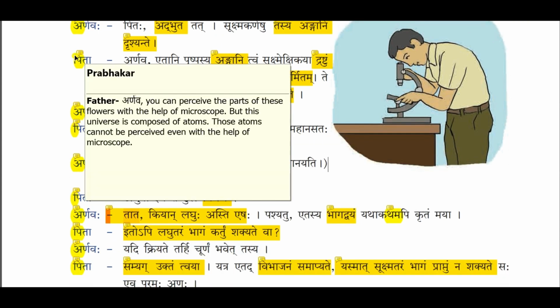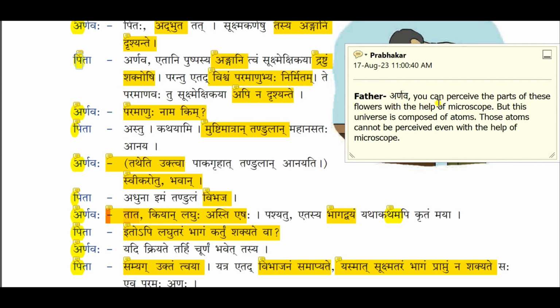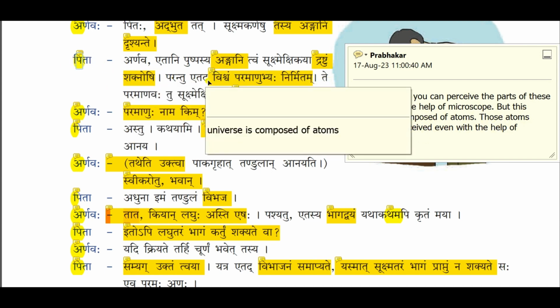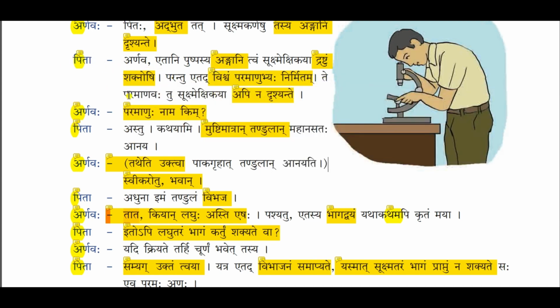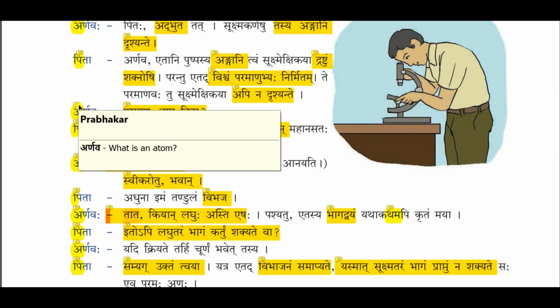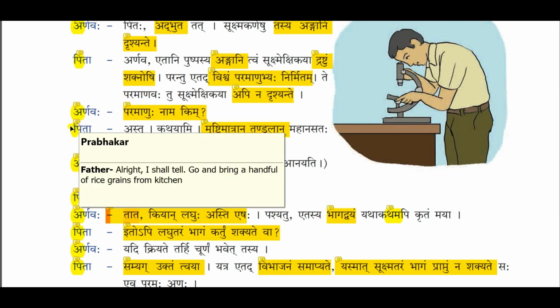So the translation is: father said, Arnab, you can perceive the parts of these flowers with the help of microscope. But this universe is composed of atoms. Those atoms cannot be perceived, cannot be seen, cannot be observed, even with the help of microscope. So this is said by the father. Then Arnab asks, father, what is an atom? Then father said, Astu, all right.